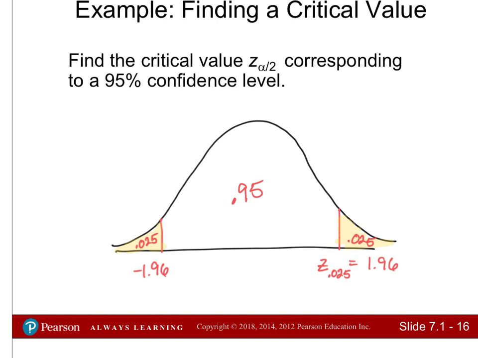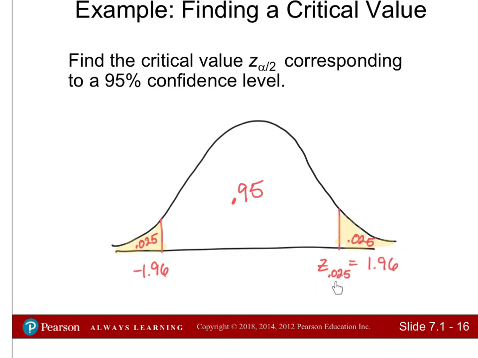If you want to do the 95% confidence interval, you are setting up your bell curve so that you've got boundaries that divide the middle 95%, and these are symmetric boundaries. So if this is 0.95, then each of these areas in the tails is 0.025, because all of them have to add up to be 1.